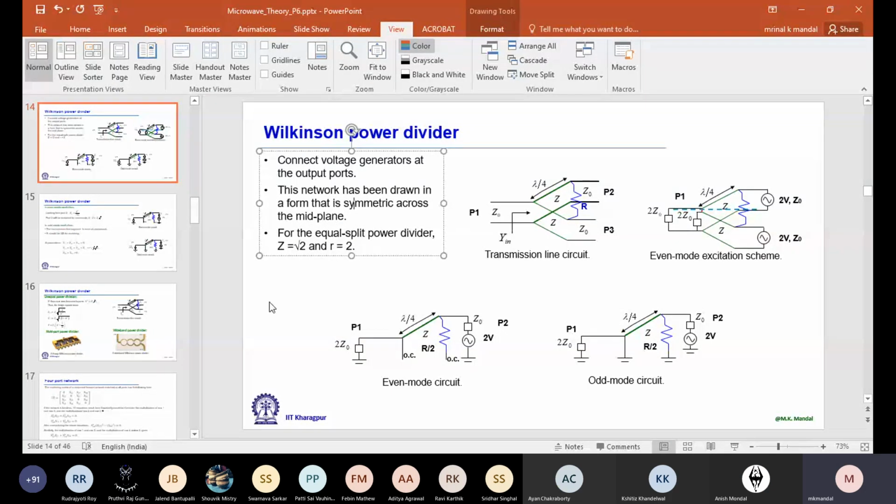This one or the resistive one? The resistive. Okay.